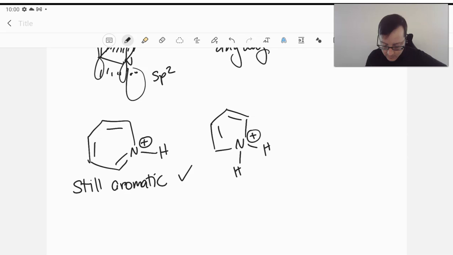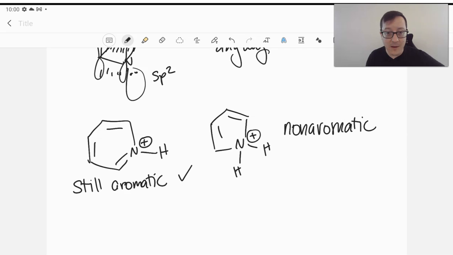So, check. No problem. However, with pyrrole, we saw that that lone pair was what allowed the molecule to become aromatic. And so if we use that lone pair to abstract a proton from an acid, we see that this is now non-aromatic, right?